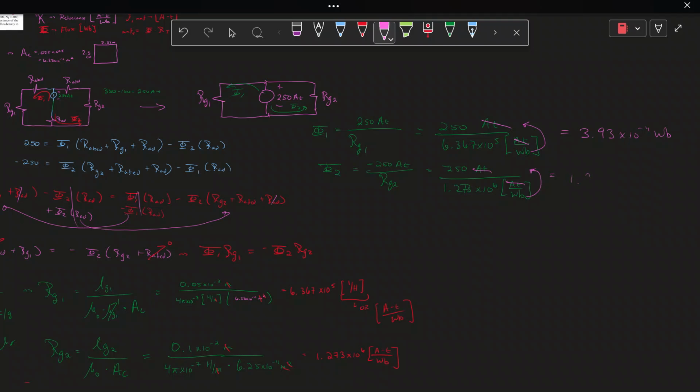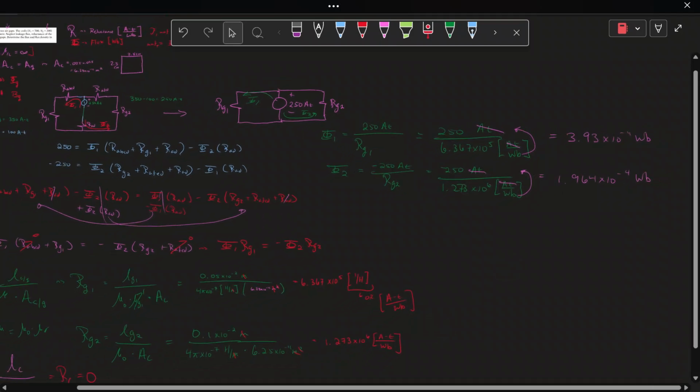About 1.964 times 10 to the minus 4 Webers also. I think that's right. Hold on. I'm pretty sure. I hope it's right. But anyways, this flux 1 and flux 2 are here.